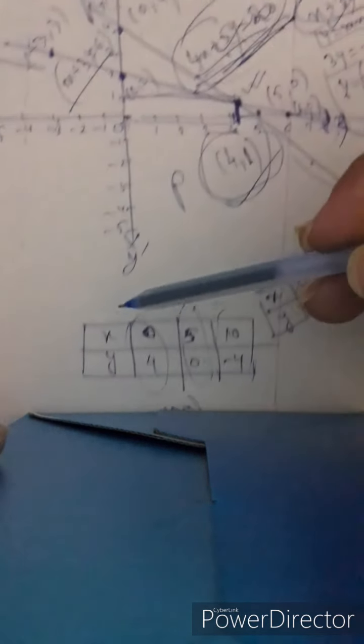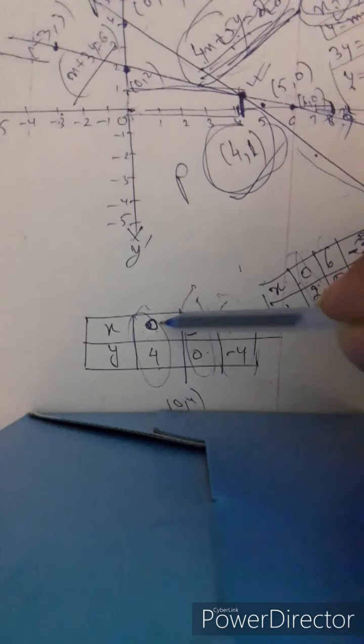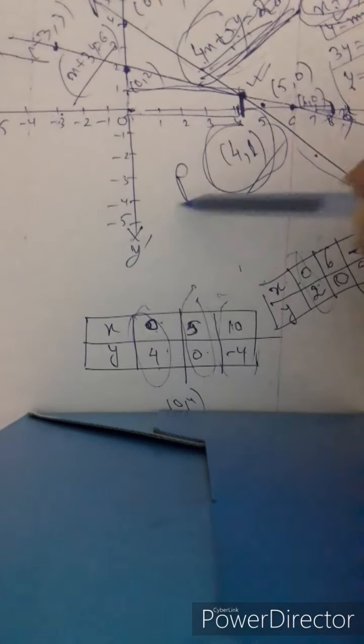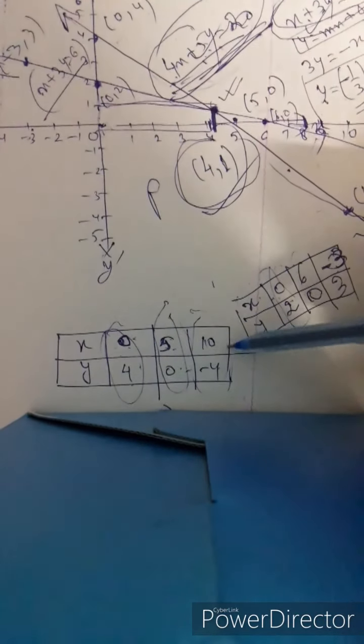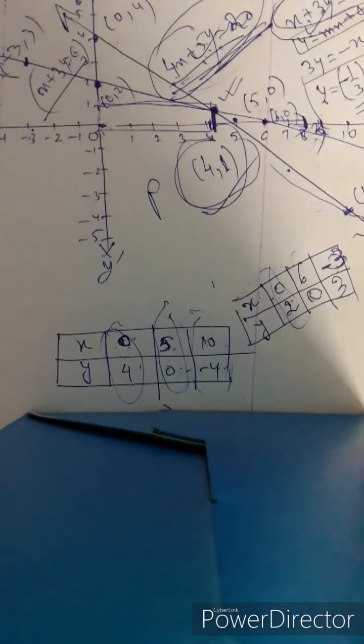Now we'll take three values of x, randomly substituting values for x, and we'll find y also. After that we'll create a table like this. Suppose the value of x is 0, y becomes 4 by substituting in that equation. For x equal to 5, y becomes 0, and for x equal to 10, y becomes minus 4.